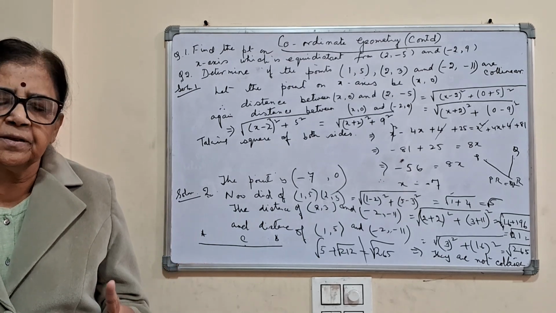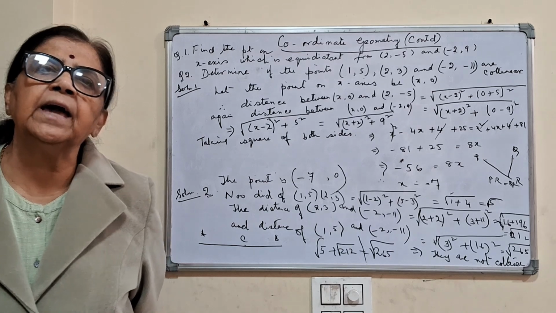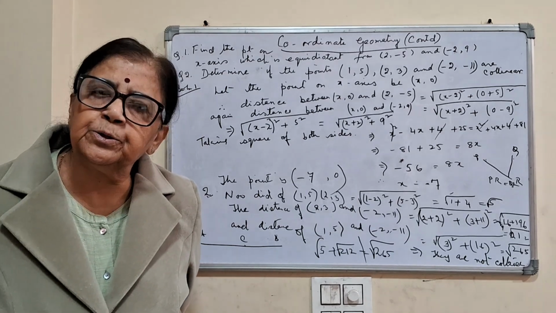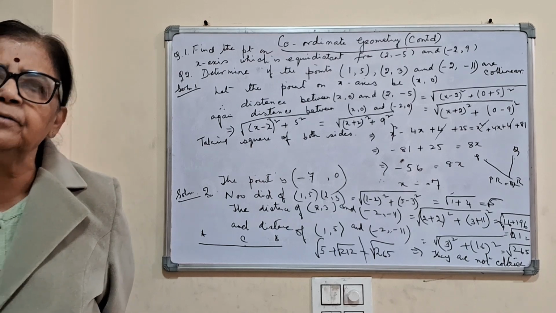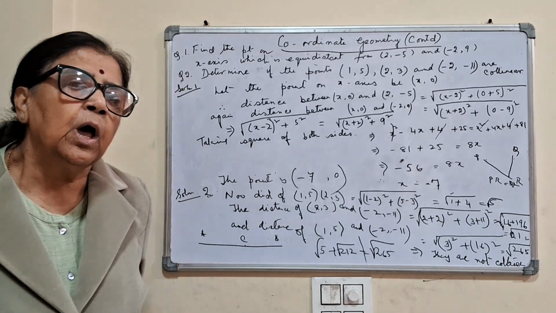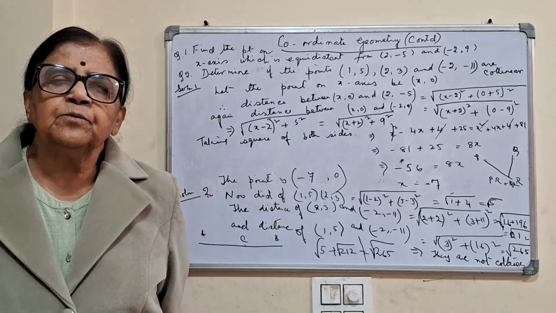Similarly, for y, I get (m1 into y2 plus m2 into y1) divided by (m1 plus m2). Okay, so this is the section formula.